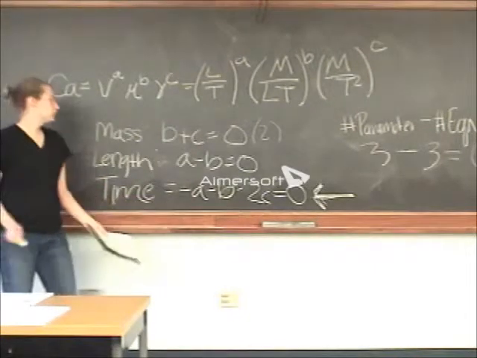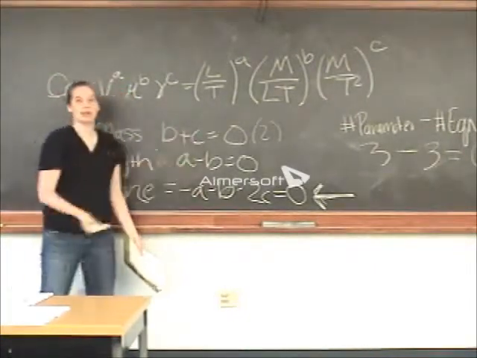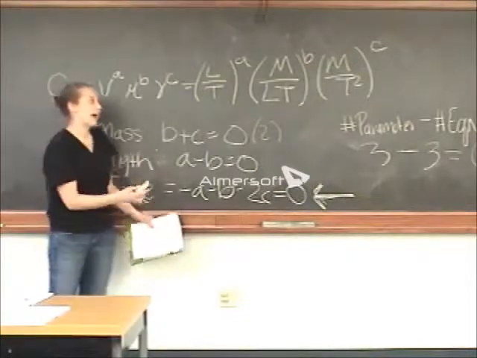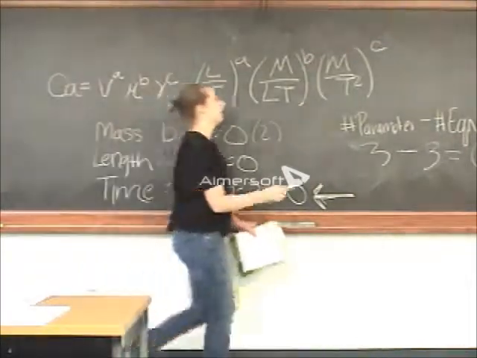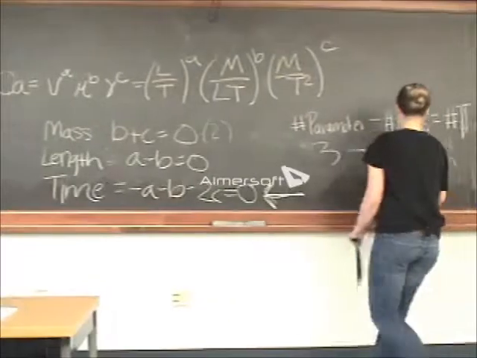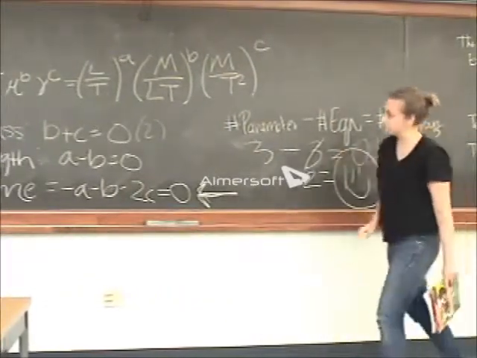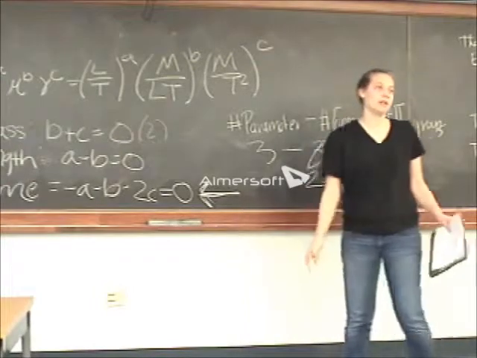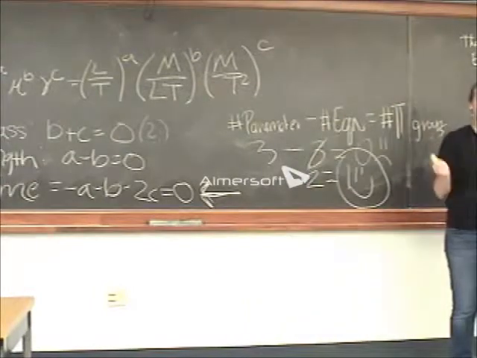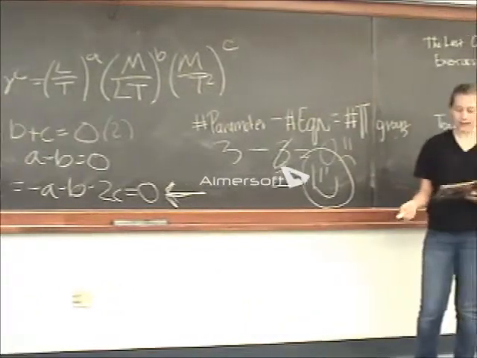Does that make sense? So this equation is these 2 equations already. So I don't actually have 3 independent equations. I only have 2 equations, which gives me 1 pi group, which is happy. Okay? Does that make sense to everybody? So if you ever do that check, make sure that your equations are independent of each other, okay?